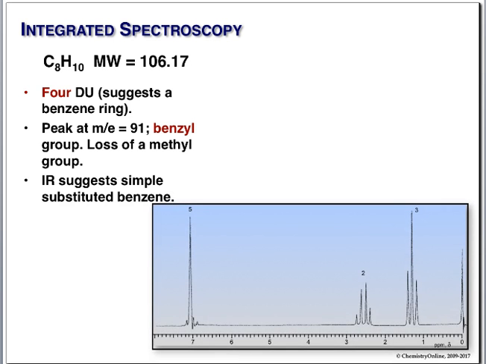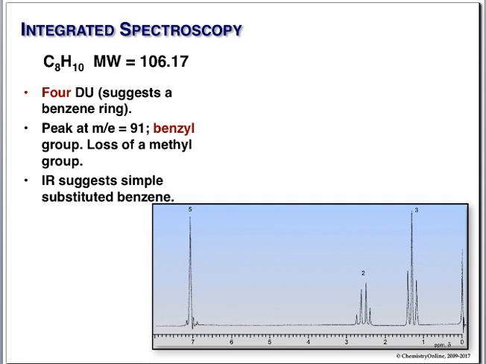Here's our proton NMR. Starting down here, 7 parts per million. Nice big peak. Area 5. That's consistent with a monosubstituted benzene. Here we have a quartet and a triplet.